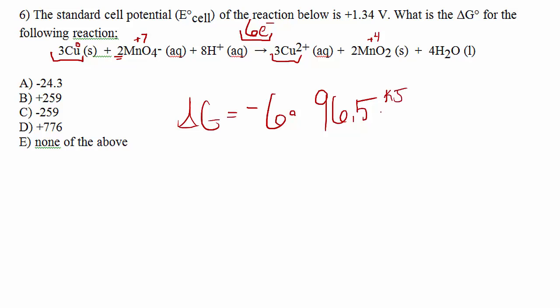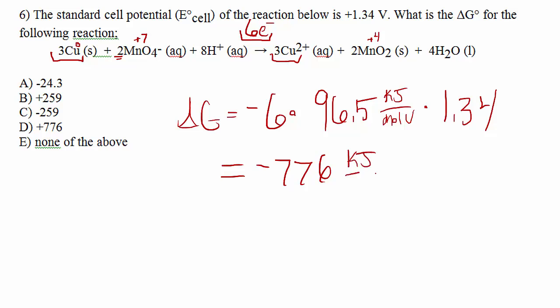I'm going to use kilojoules per mole volt times the E0 cell of positive 1.34, and the value that I get is going to be negative 776 kilojoules per mole. I should have given you units, like kilojoules per mole, for all of these. I didn't, oops, my bad. Anyway, regardless, the digits should have been negative 776, so none of those are the answer.